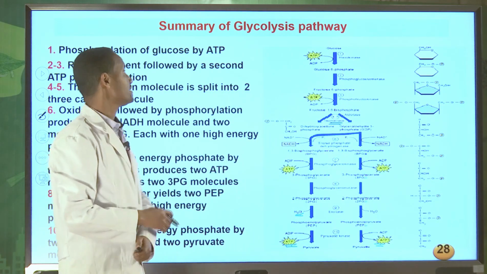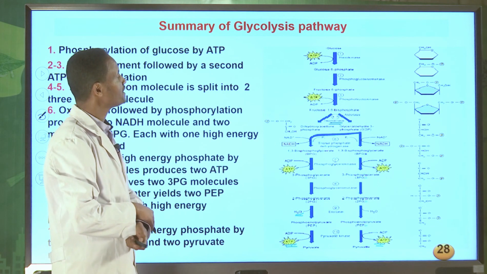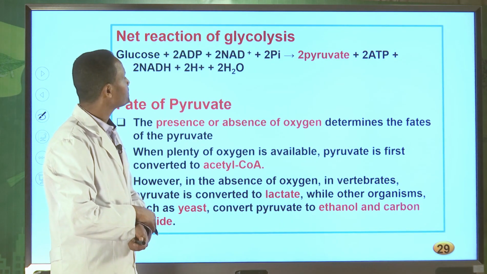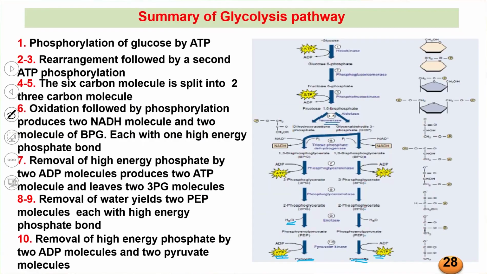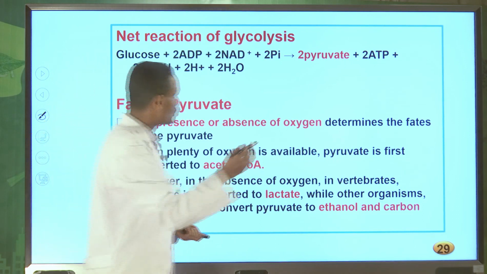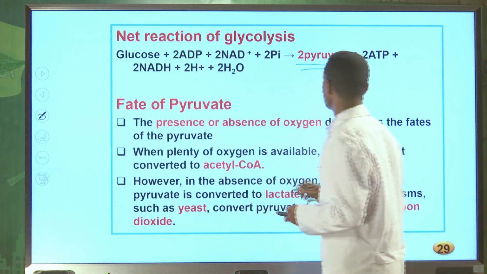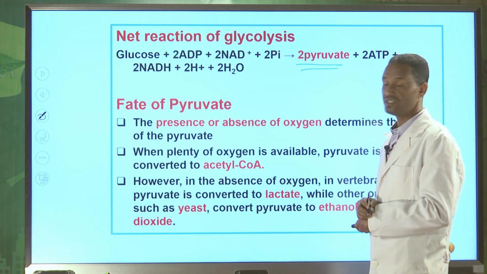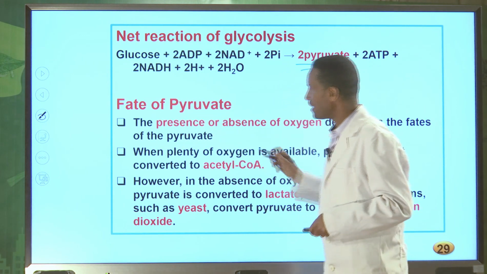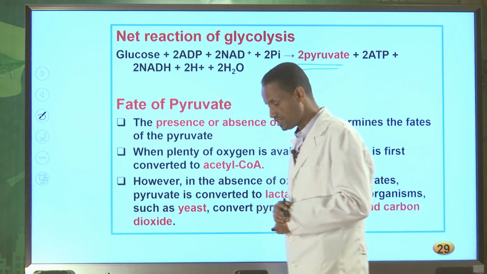This is the summary of the glycolysis pathway. At the end of glycolysis, 2 molecules of pyruvate are obtained. In the net reaction of glycolysis, 2 pyruvate, 2 ATP, and 2 NADH are formed. But what is the fate of this pyruvate?